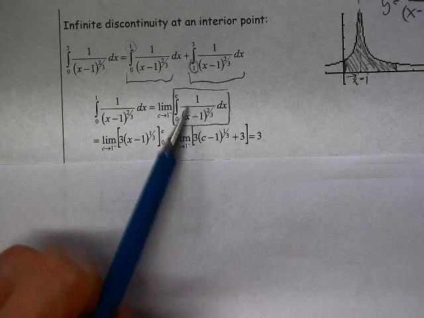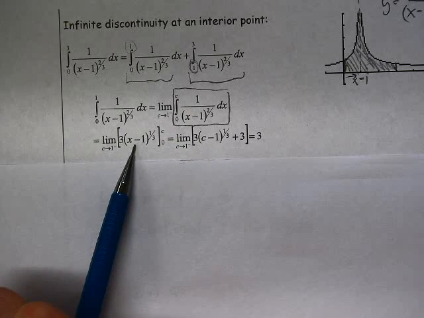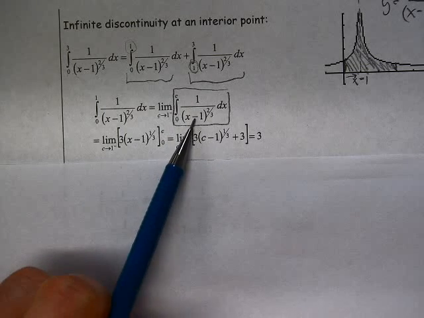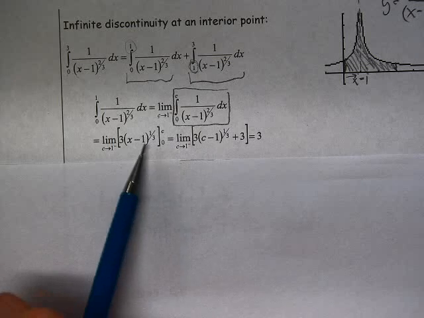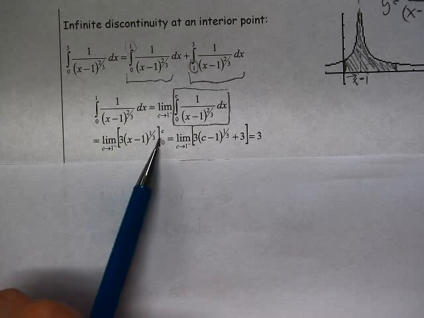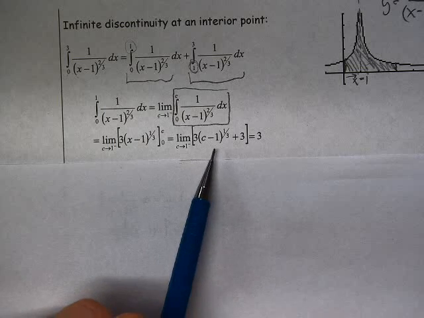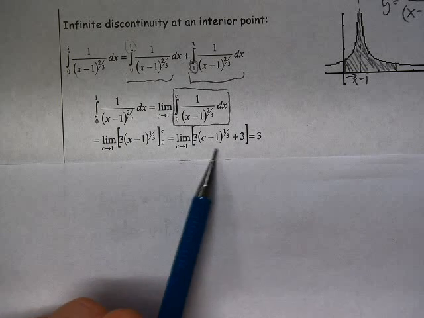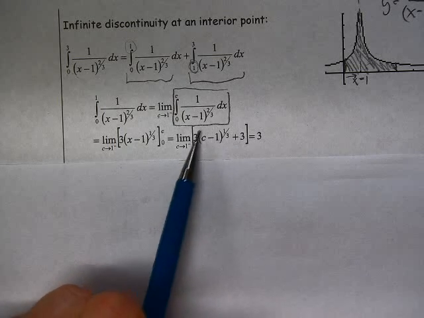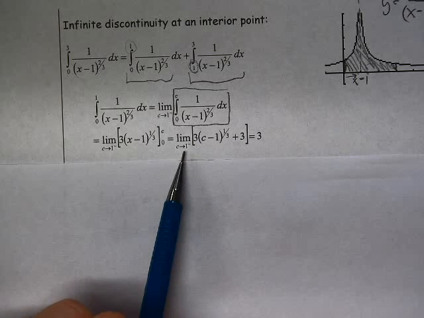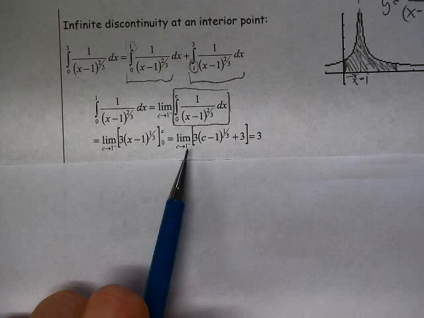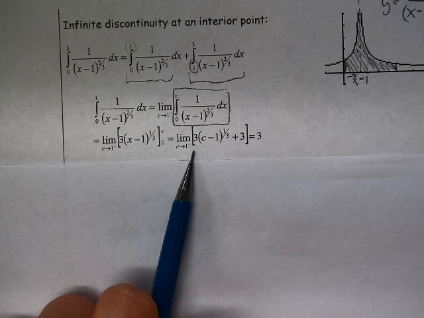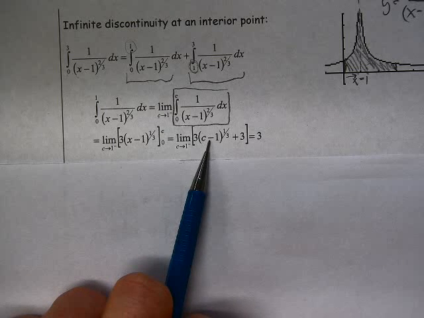So I calculate this definite integral. I substitute c and 0, so I get this expression for the definite integral from 0 to c, and then I apply the limit as c approaches 1 from the negative.